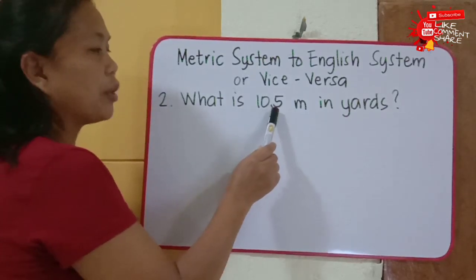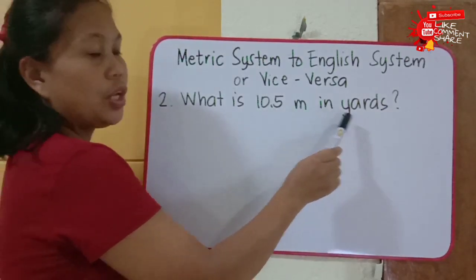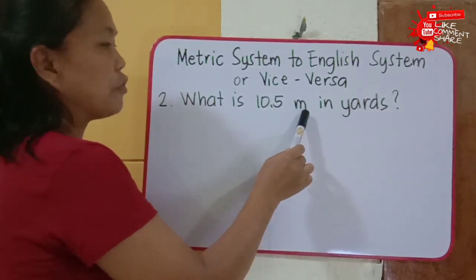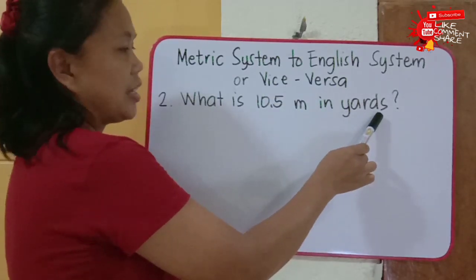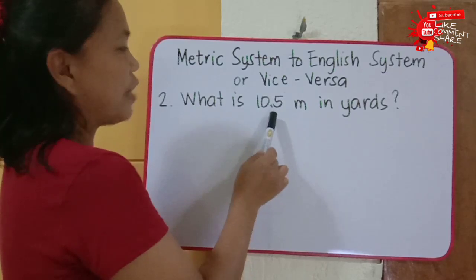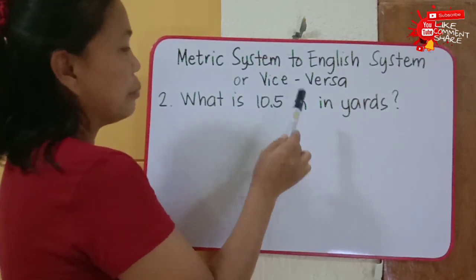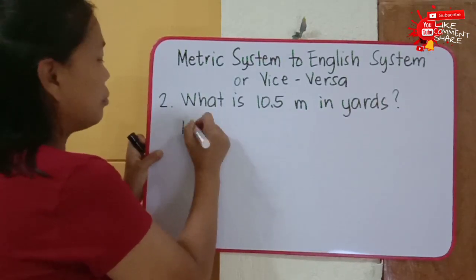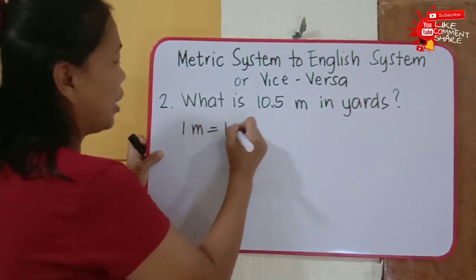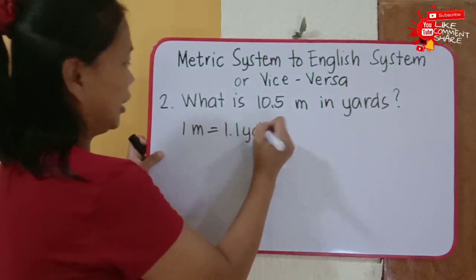What is 10.5 meters in yards? So we are changing from metric system to English system. So we will look for the conversion factor, meter to yard. We will use 1 meter is equal to 1.1 yards.